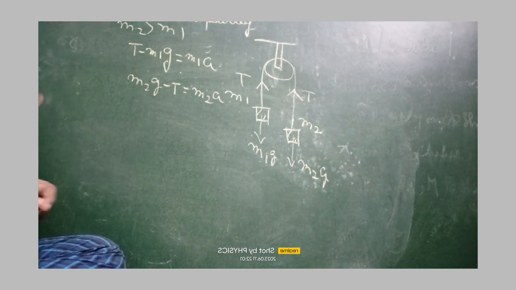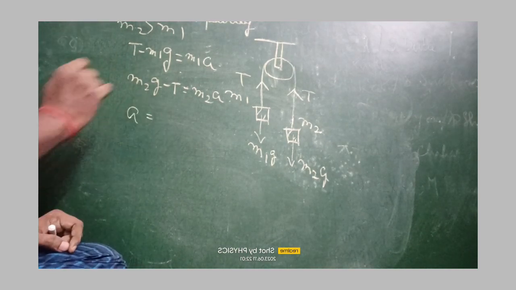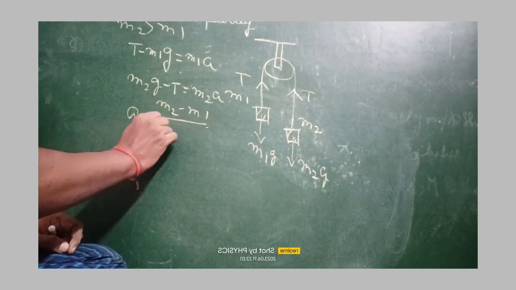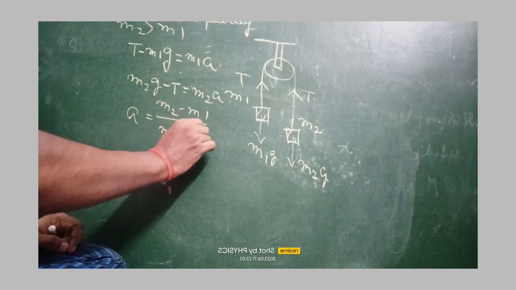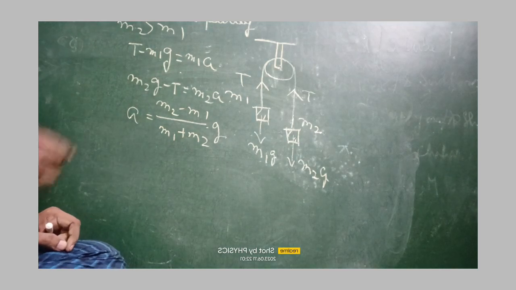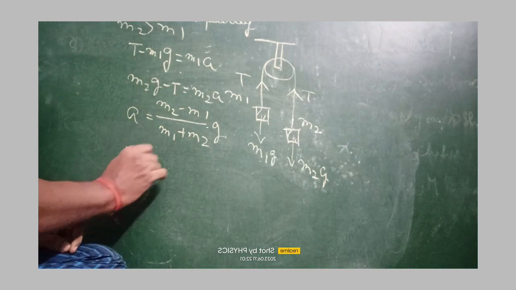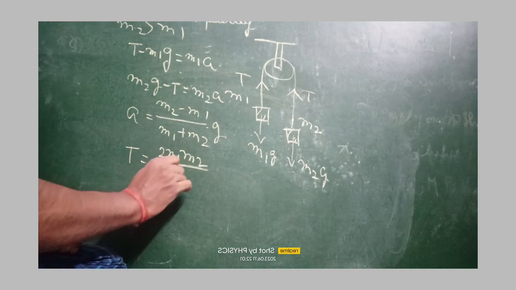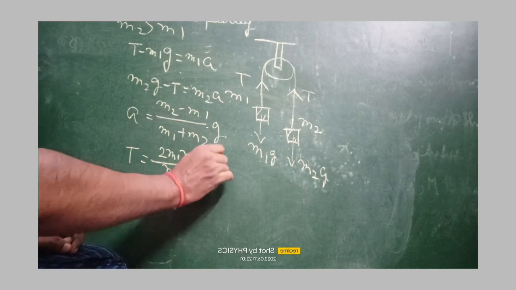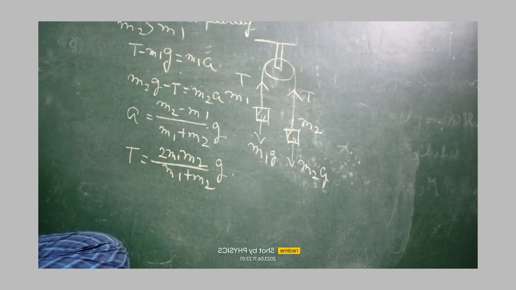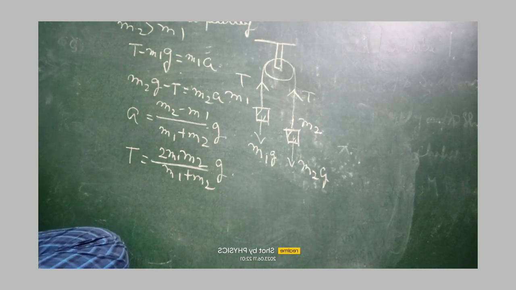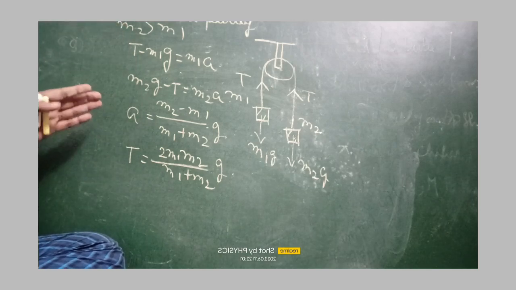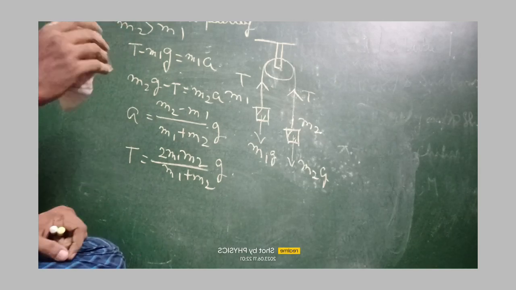From here we find the acceleration is M2 minus M1 by M1 plus M2 into G, and the tension is 2M1M2 by M1 plus M2 into G. Okay, now that was the expression of acceleration and the tension.